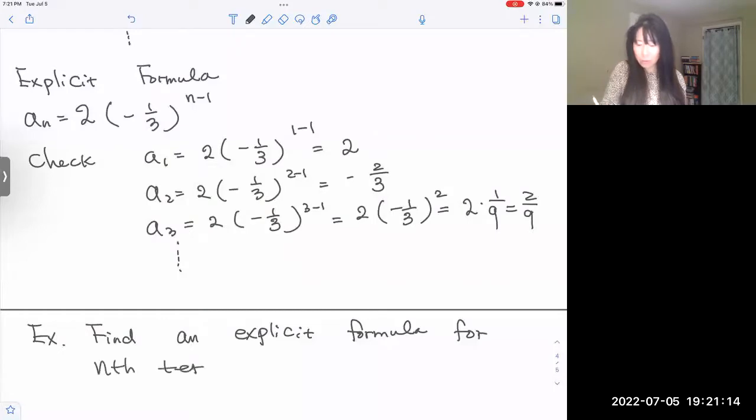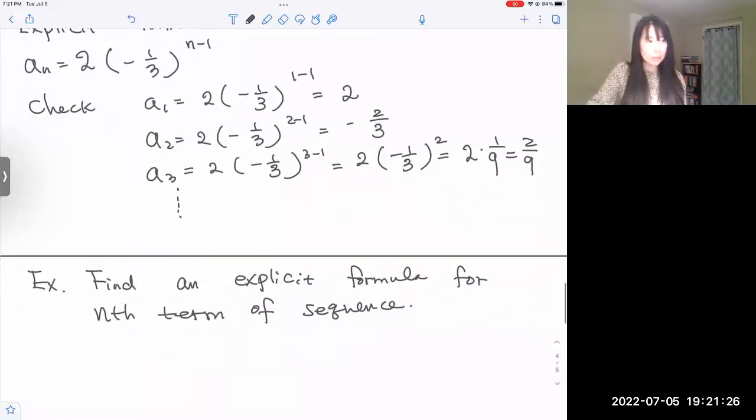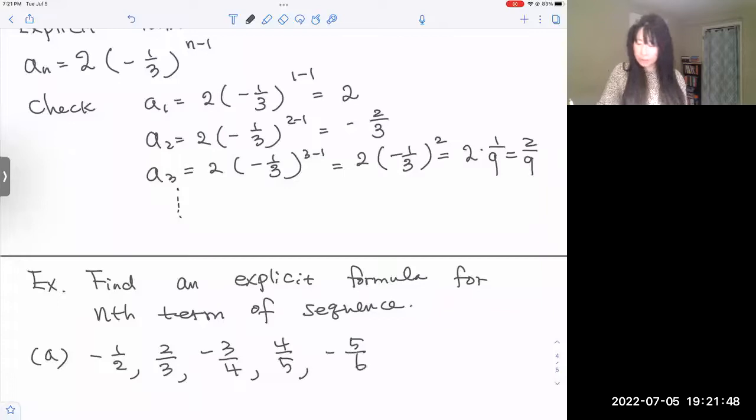So for the nth term, we are using just x sub n, right? The nth term of the sequence. The first one, we have negative 1/2, 2/3, negative 3/4, and 4/5, negative 5/6.